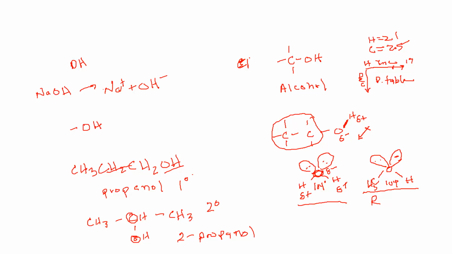All right. You can have an alcohol like, let's just go to the next slide. You can have it where the carbon is attached to 3 other carbons. So you have a carbon here, maybe a CH3. Let's say it's another methyl group up here.